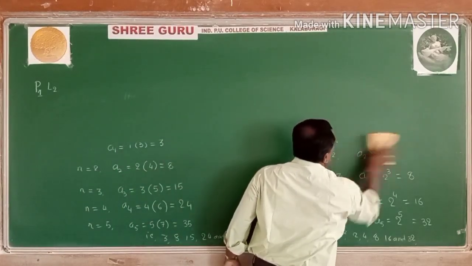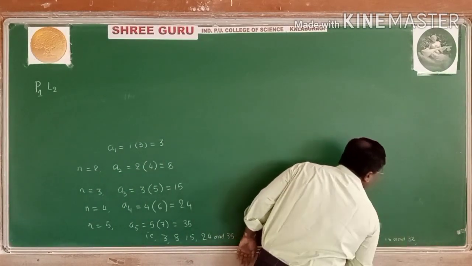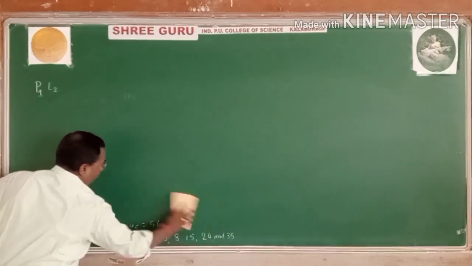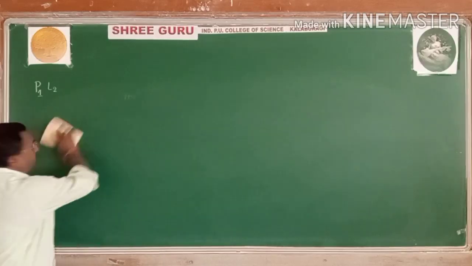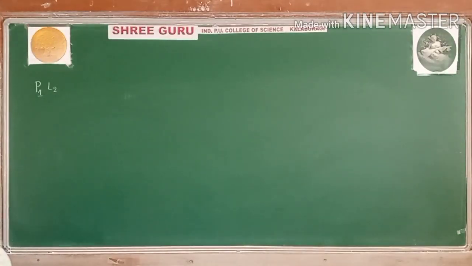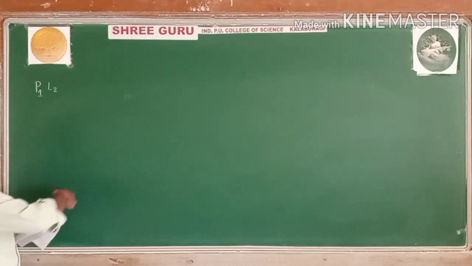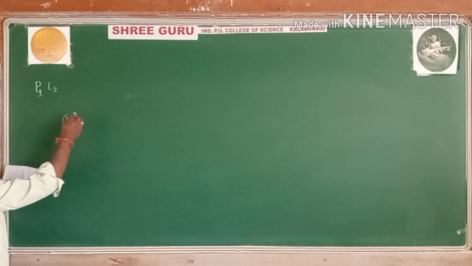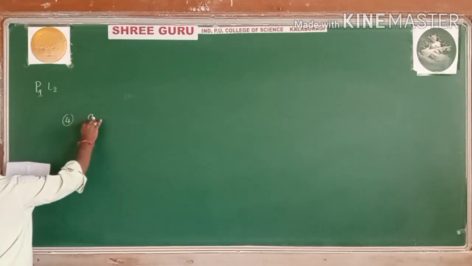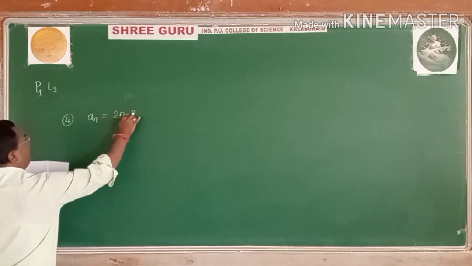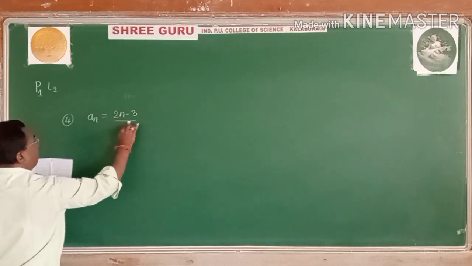Then the fourth question, the nth term, first 5 terms, I will explain one by one. Next, the fourth one: continue, first 5 terms. an is equal to (2n minus 3) divided by 6.